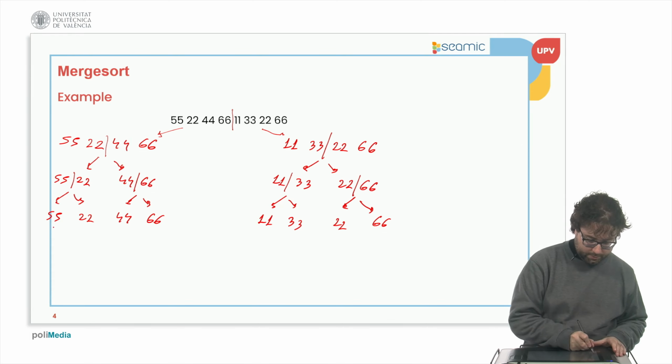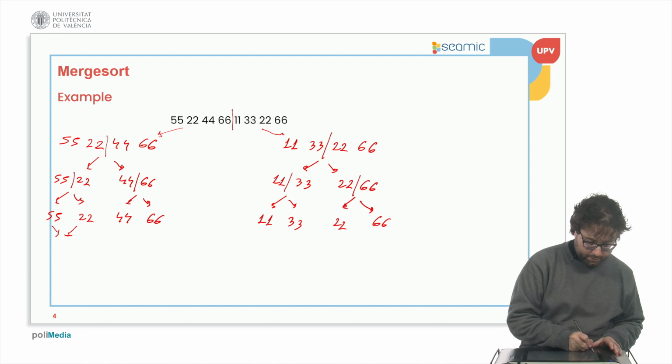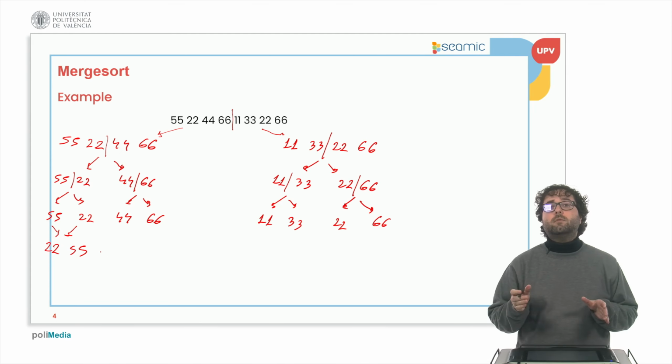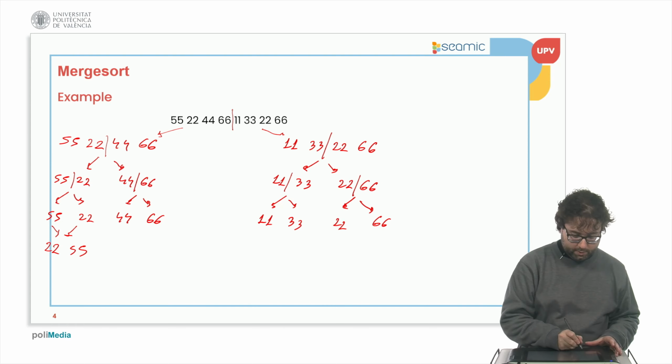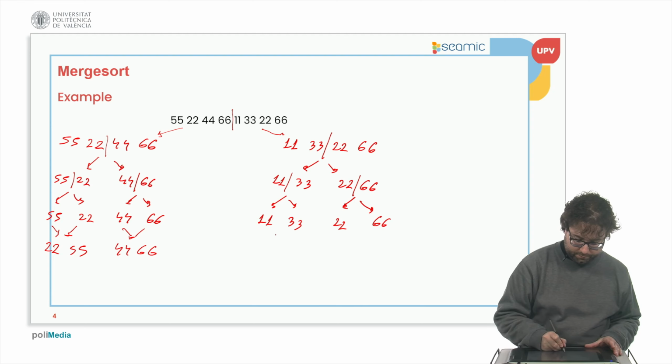So in this case, we will merge these two subsequences, obtaining a new subsequence, 22, 55. These two are already in the correct order. Same here.